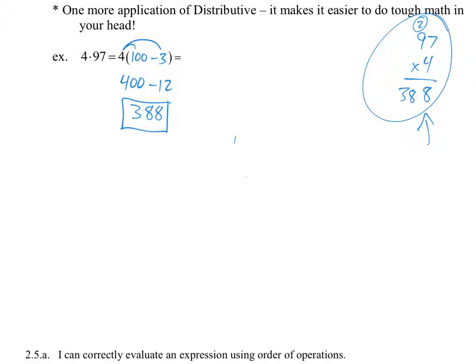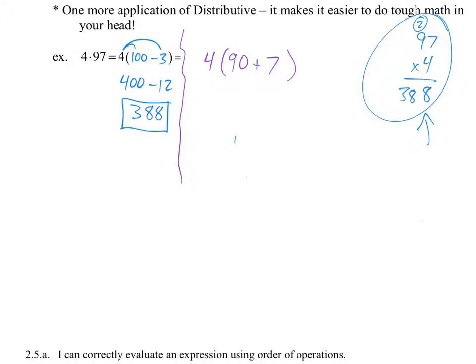I had someone in my other class a couple hours ago, they had a way that didn't do subtraction. Because you agree adding is easier than subtraction? So a totally different way you could do it if you wanted to, and maybe I'll switch to a purple color for that. They looked at it as though 97 is really 90 plus 7.